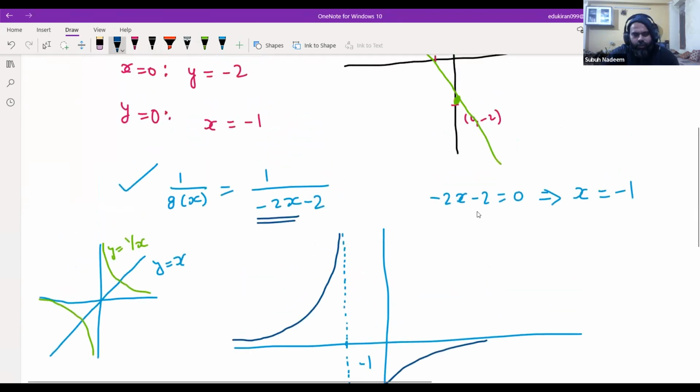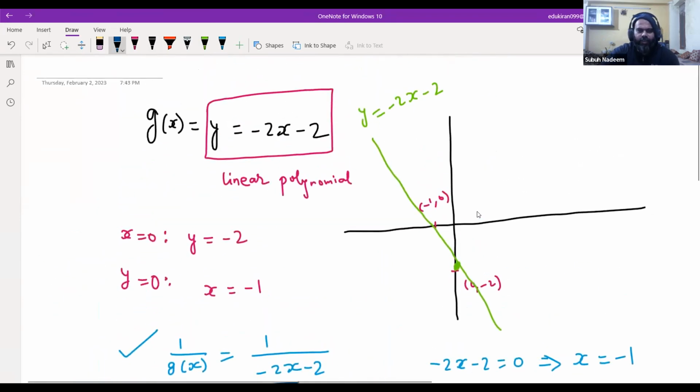So they have drawn this graph in the same plane. They have drawn x is equal to -1 here. This point is the 0 of gx, and this graph would be like this. And also see, at x is equal to 0, you are getting -1/2, right?